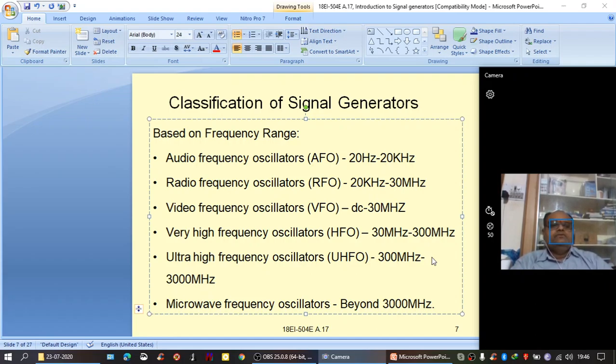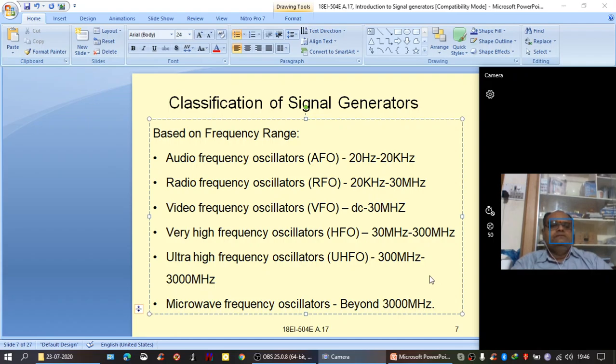The range of frequencies lies between 300 megahertz to 3000 megahertz. And microwave frequency oscillators, MFOs. These oscillators produce signals beyond 3000 megahertz.